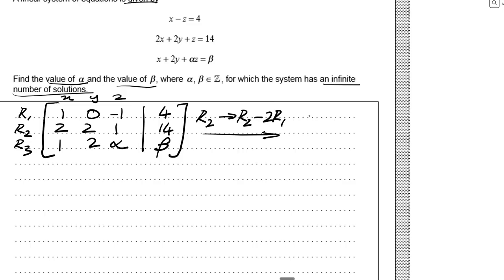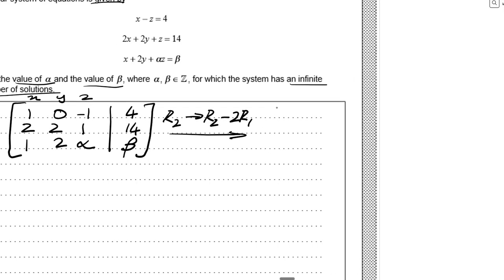Right, and that gives us, okay, let me do this here. It's 1, 0, -1, 4. And then we have 0, right? And then 2 minus 0 is 2. And then we have 1 minus minus 2, which is 3.